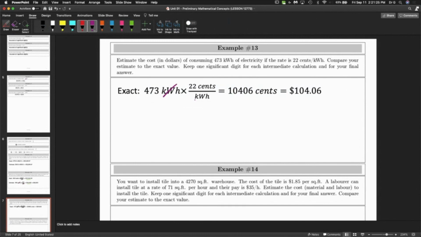The interesting thing here is that I'm not questioning the level of accuracy for this question, Victor. This is just the exact answer based on your arithmetic. But let's get to the actual question, which is the important part, the estimate.